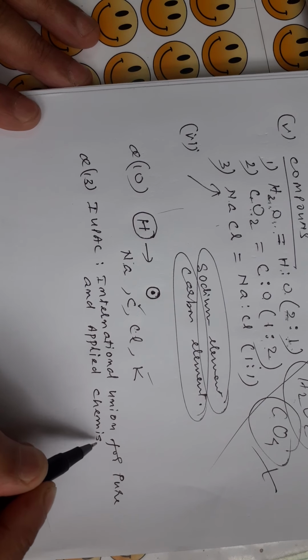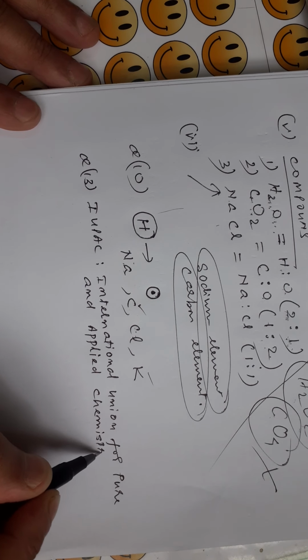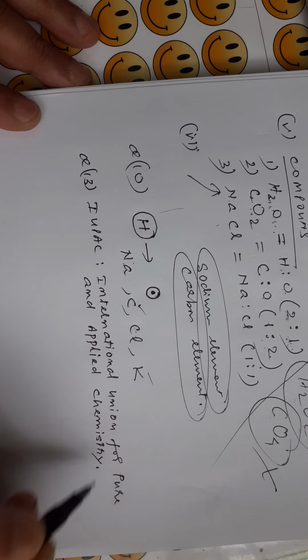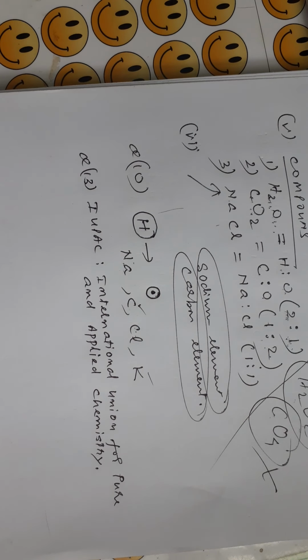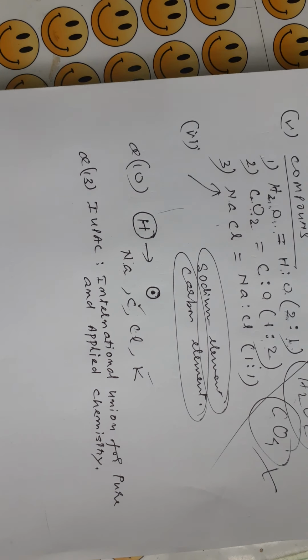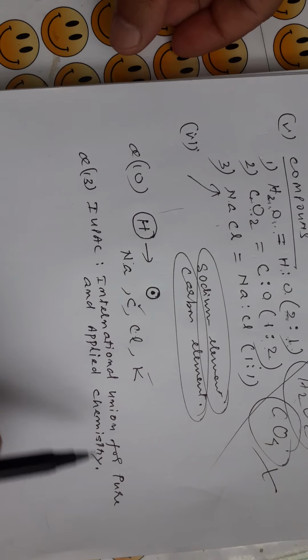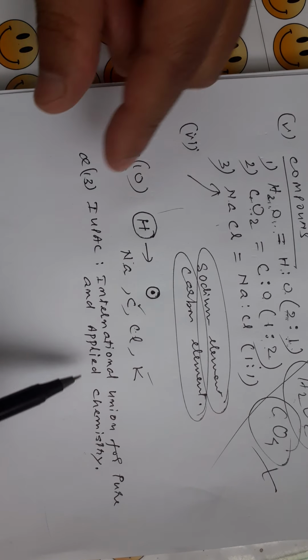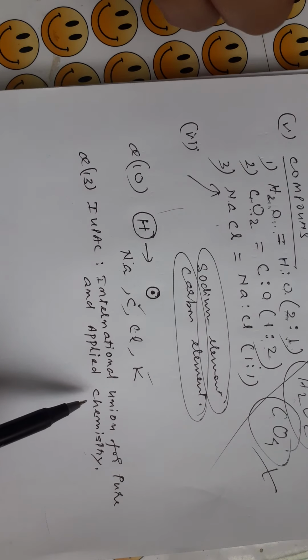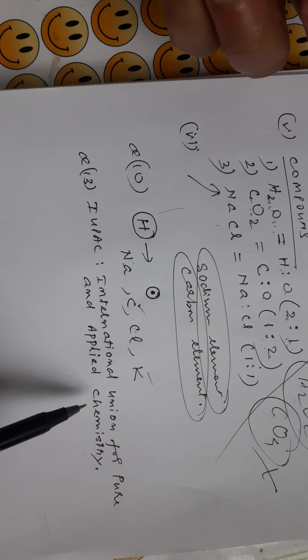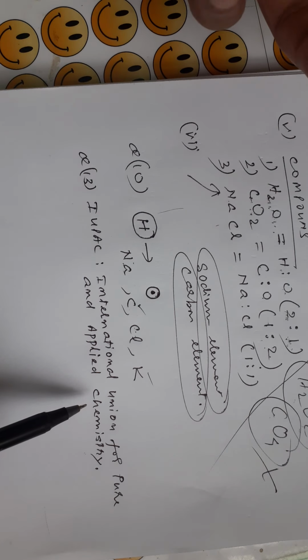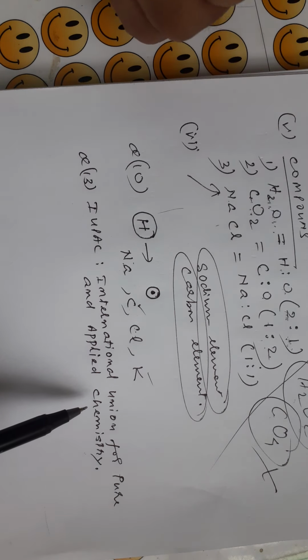This is a union, just like the Naga Students Union or Naga Students Federation, or Lotha Hoho. So the International Union for Pure and Applied Chemistry is responsible for giving us symbols and names of chemical compounds in chemistry.